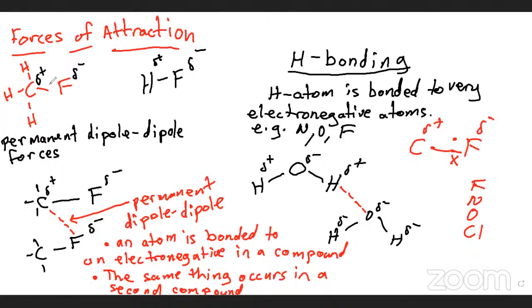So if you have a bond that is polar, we consider the entire molecule polar. But I'm going to show you a little later with some other examples that a molecule, depending on the size, can be both polar and non-polar.